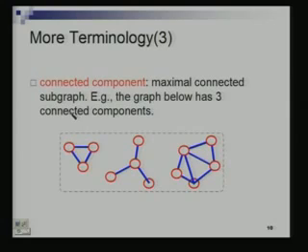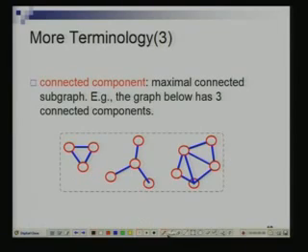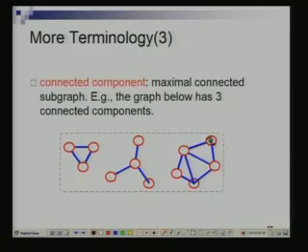It is a maximal connected subgraph. What does a maximal connected subgraph mean? So, this needs to be understood more carefully. Suppose I were to take this vertex and this vertex, and I were to take this edge and this edge.